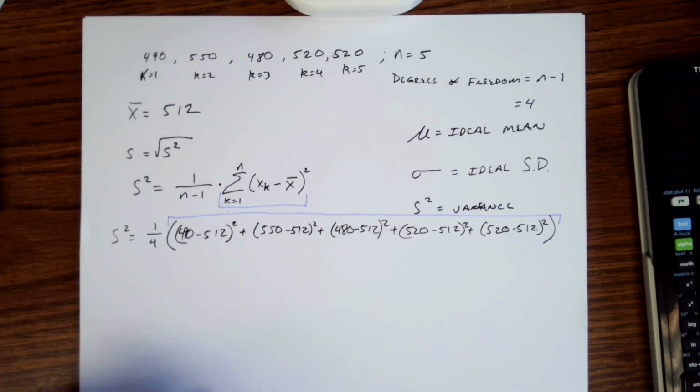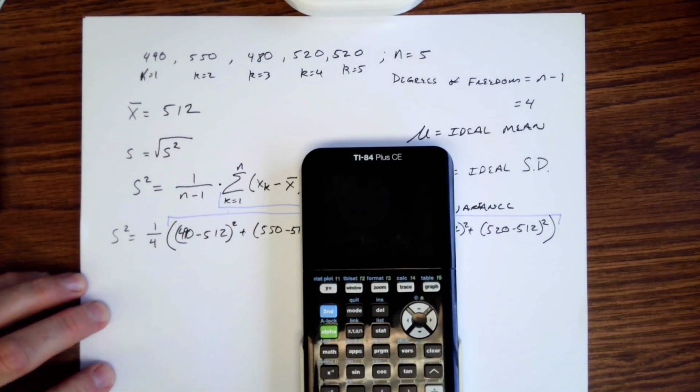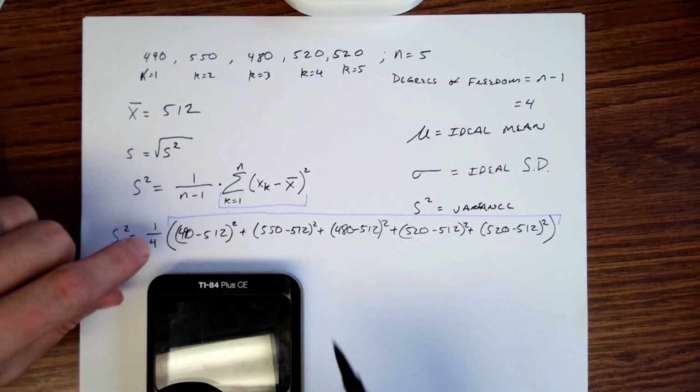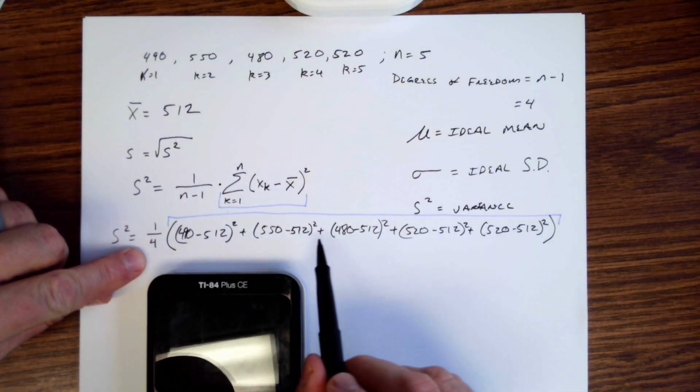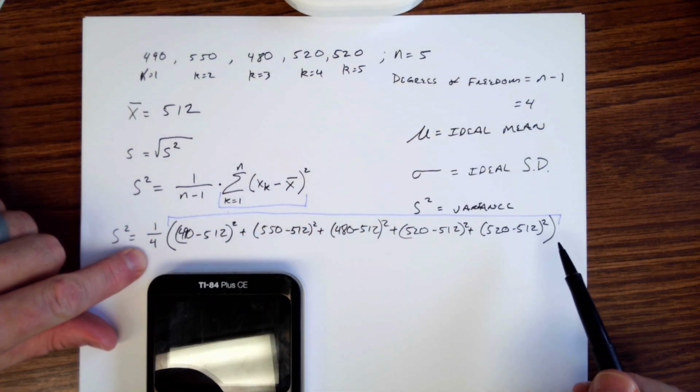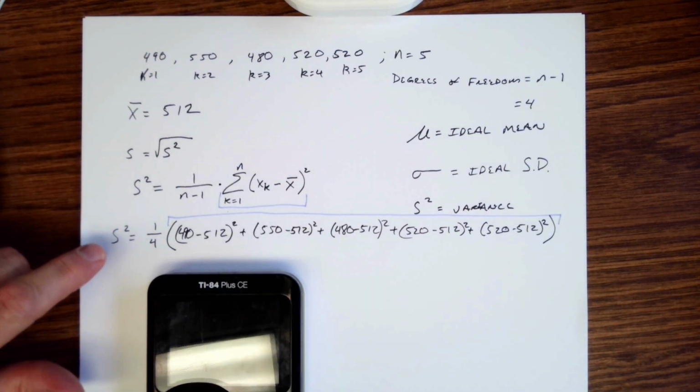Now the question then becomes, well, how do I find that value? You do it like this, all right? We're just going to go through. Now notice that all these individual values are going to be positive. Every last one of them is going to be positive because we're squaring all of them.